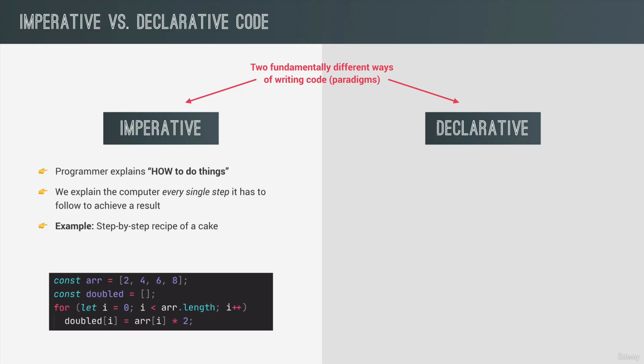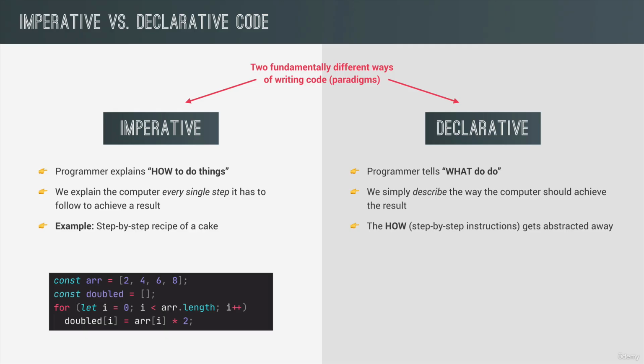Okay, so that's imperative programming, but on the other hand, we also have declarative programming, where the programmer tells the computer only what to do. And so when we write declarative code, we simply describe the result that the computer should achieve. But the how it should do it, so basically the step-by-step instructions, they get abstracted away.